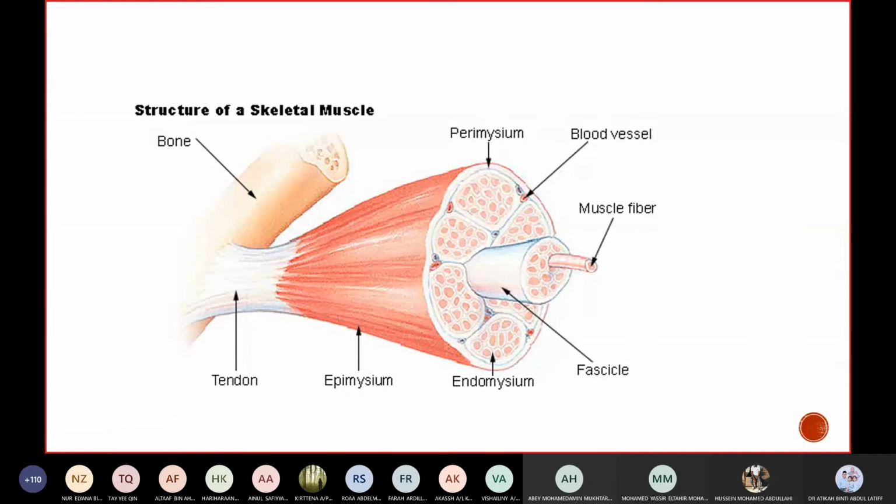So if you again take a muscle like this, the epimysium surrounds the whole muscle, the perimysium surrounds one bundle, and the endomysium surrounds each muscle fiber. Okay, so you have 3 layers of mysium.